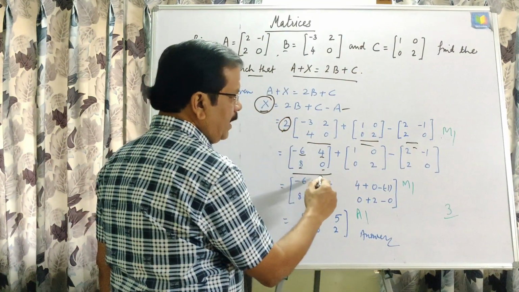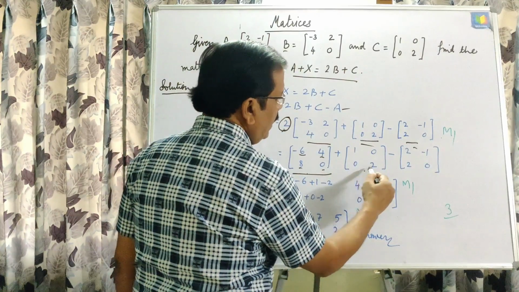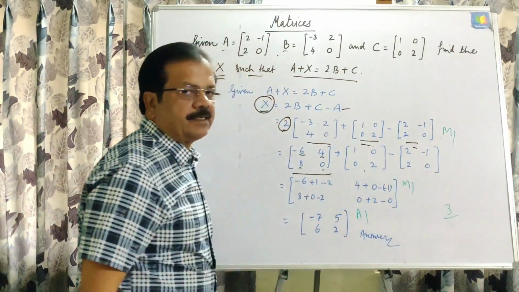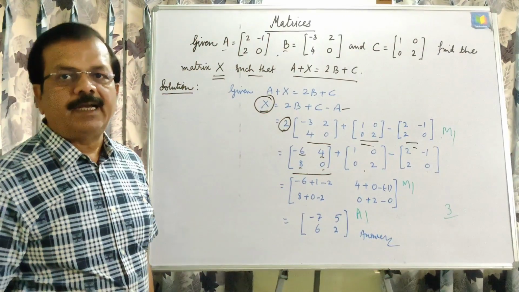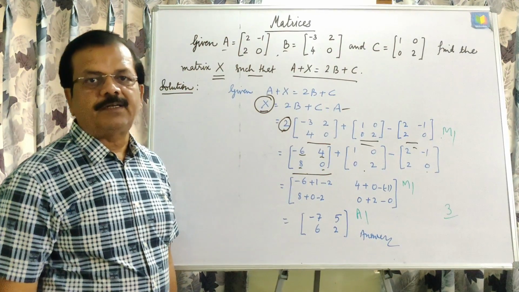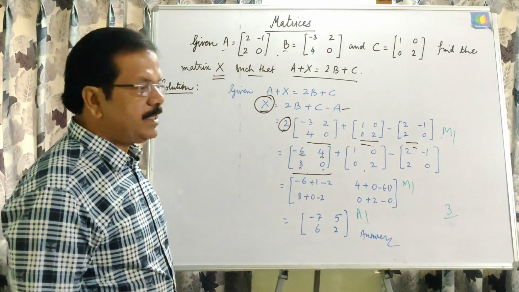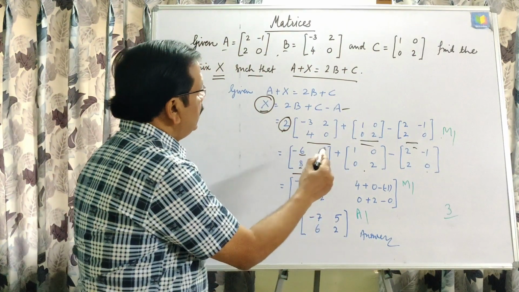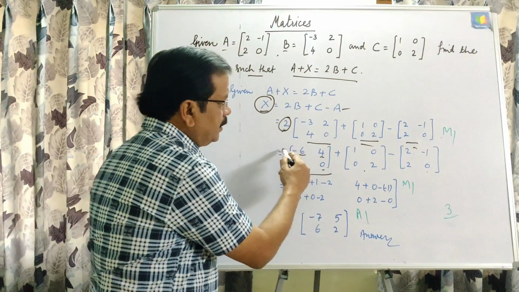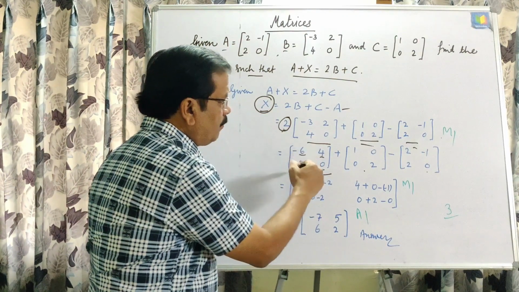Now after multiplying, these two will be added and this will be subtracted. Whenever we add or subtract any two matrices, the first thing we should check is that the order of the matrices is the same. By order we mean the number of rows and number of columns.